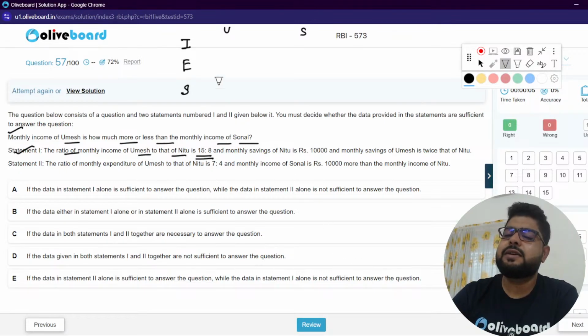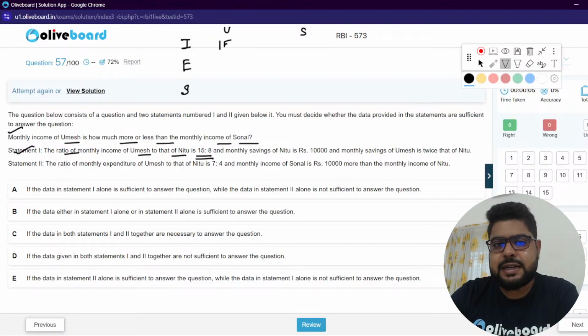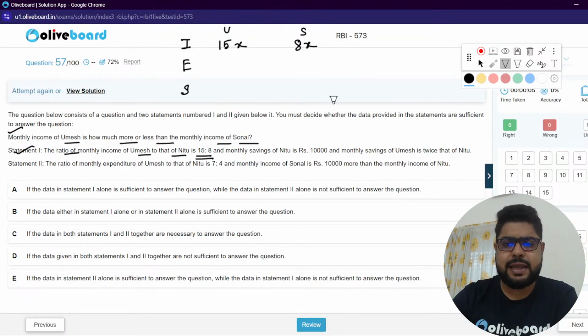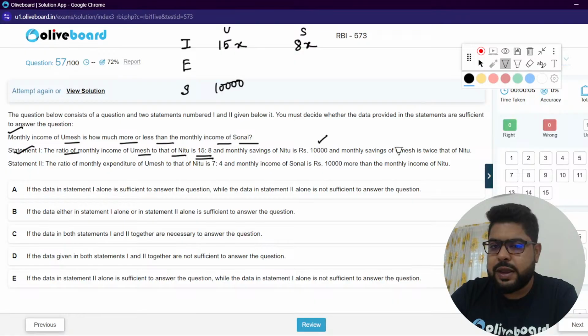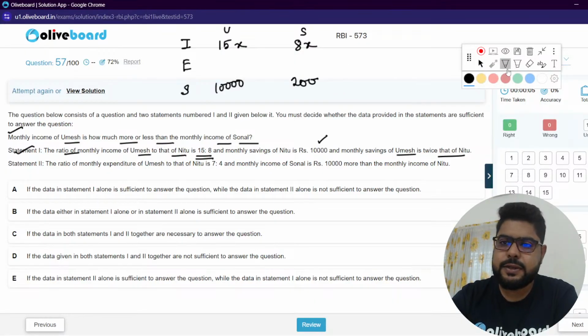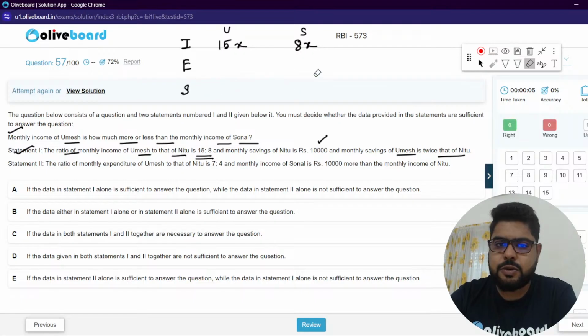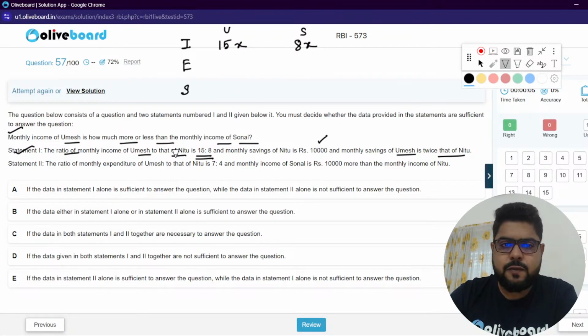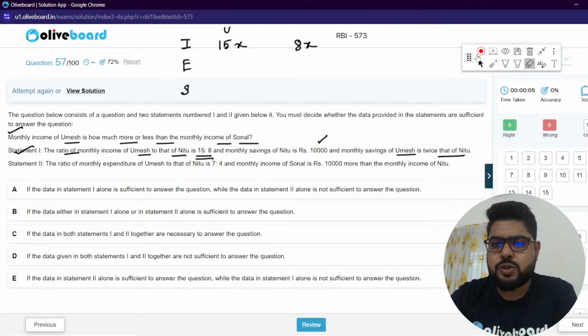The ratio is 15 to 8. So it is 15x and 8x. I'm casually taking it. Monthly savings of Neetu is 10,000, and Umesh savings is twice, meaning 20,000. Sorry, it should be opposite. The monthly income of Neetu was the other person given. I had written Sonal, I don't know why.